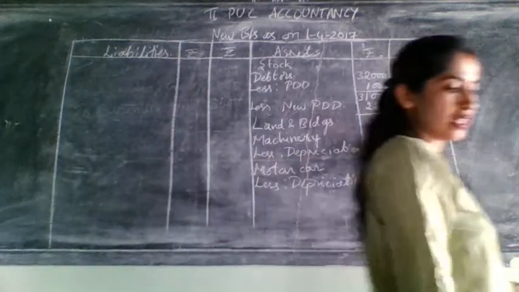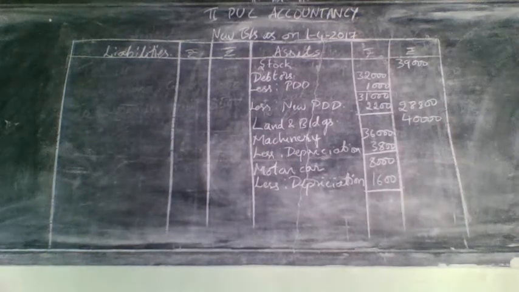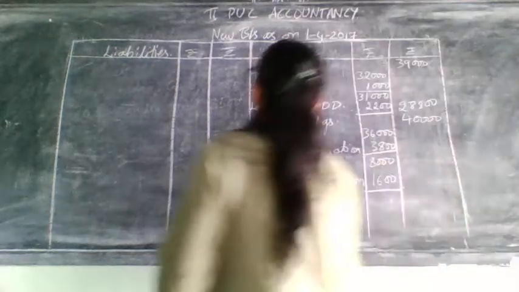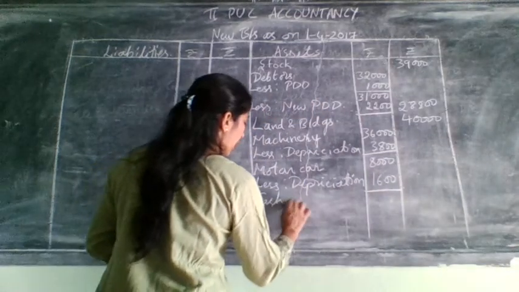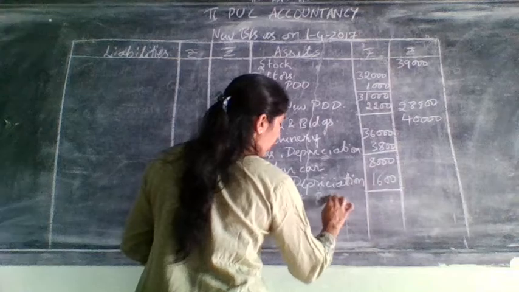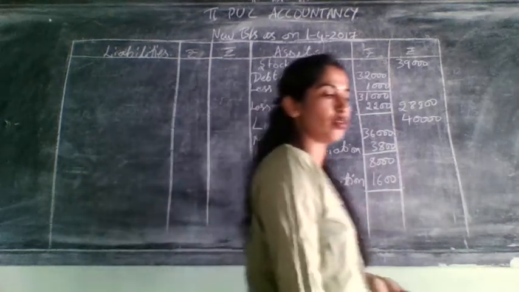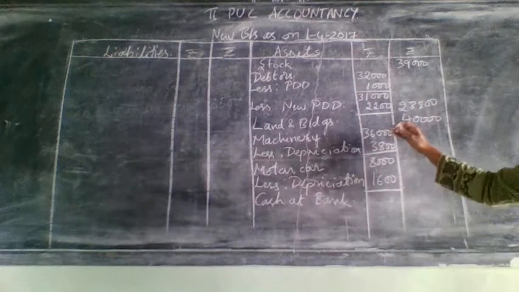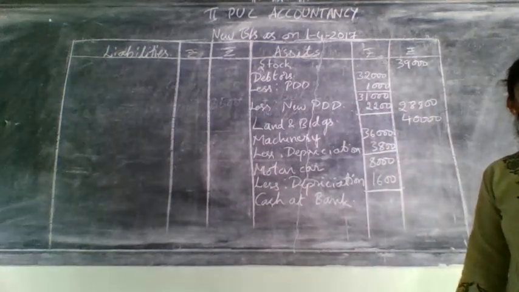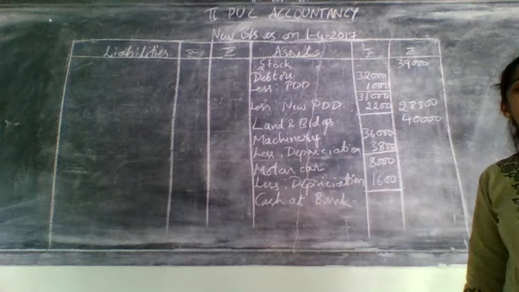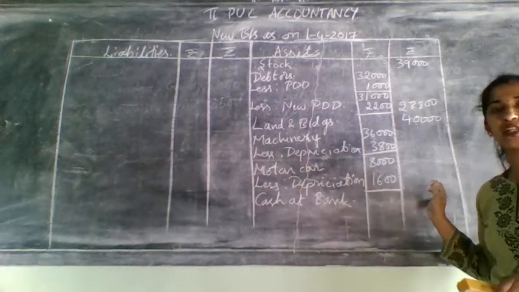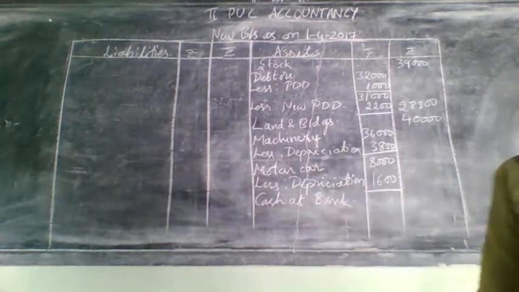After this, the next asset is cash at bank. Don't take the amount from the old balance sheet. I told you already, we have done the bank account before this. Whatever you finally get as balance carried down, that balance carried down needs to be considered as cash at bank.